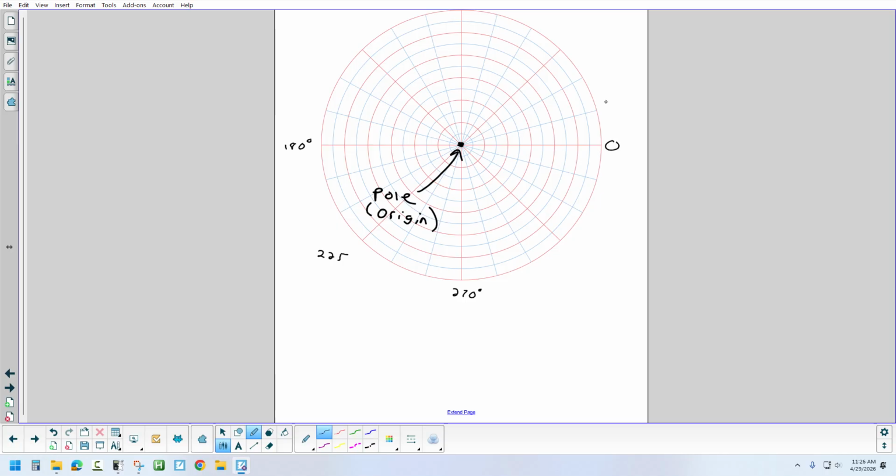I think this one would be 15, 30, 45, 60, 75, 90. Since they go by 15s, we could get a pretty accurate picture. 75 would be on this one. If you started here and then rotated that amount that I just did, that's exactly 75. Yeah, so the grid will help you.